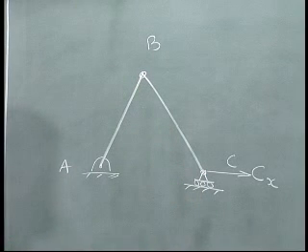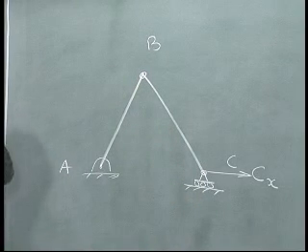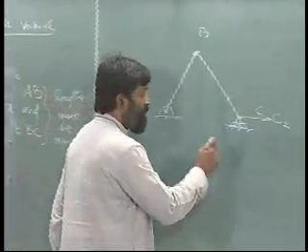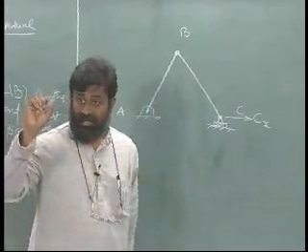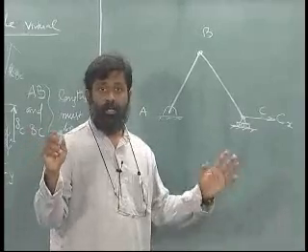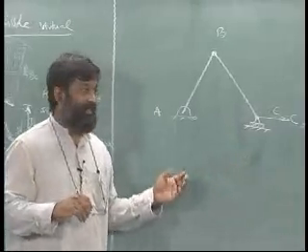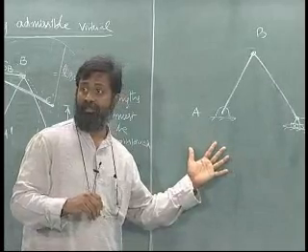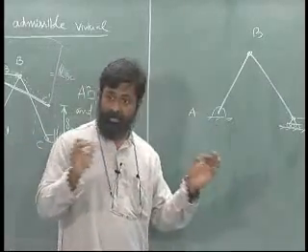How do I go about solving this? Of course, one of the important things that you have to do all the time is write the references, okay, and the references have to be with respect to the fixed frame of reference. Okay. Please do not make a mistake on that.